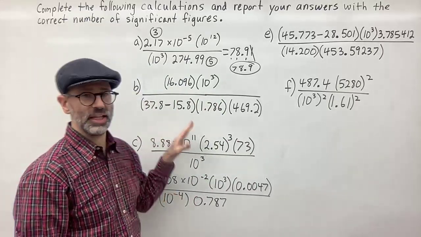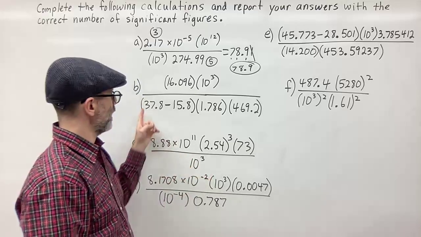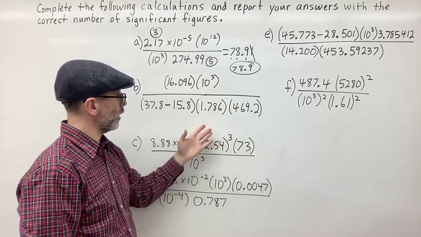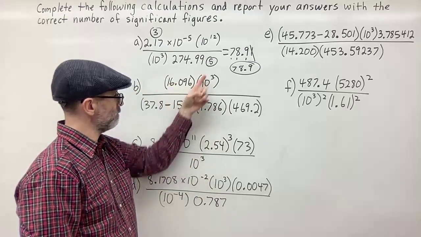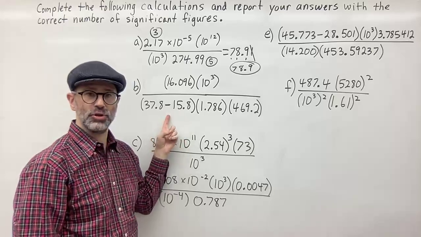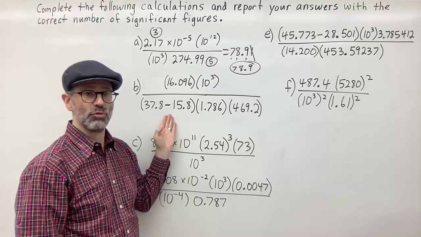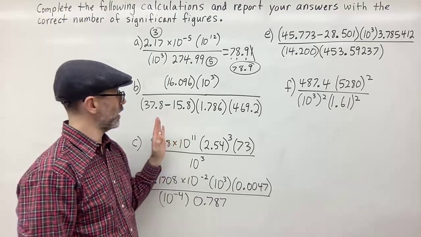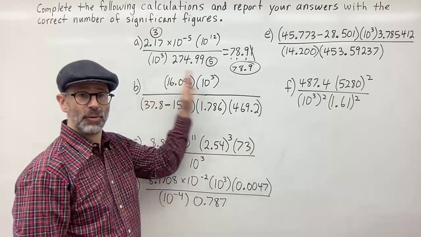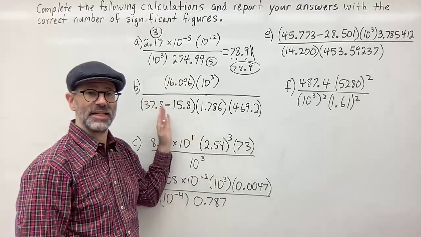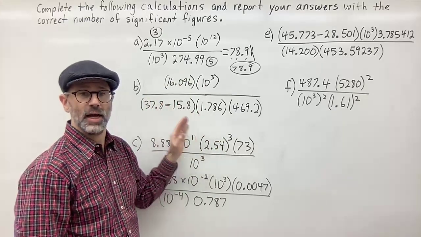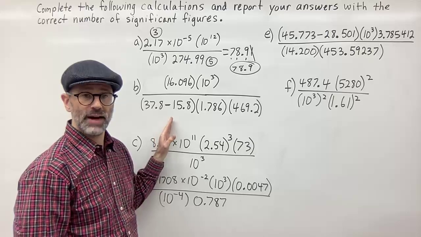Now, B is going to be a little bit trickier because we have mixed operations. We have multiplying and dividing, but we have subtraction. And there's a different rule for subtraction. So whenever you have mixed operations where you're mixing adding, subtracting, multiplying, dividing, then you got to follow the order of operations.